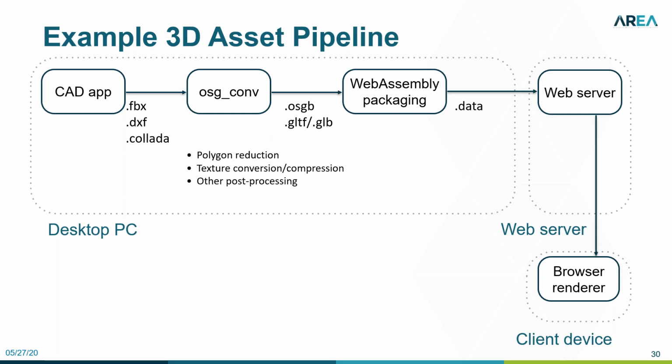An automated pipeline can be built around tools like the OSG conversion tool, which is part of the OpenSceneGraph utilities, or there are a variety of other different tools that can be built into pipelines like this. We converted to a web-optimized delivery format, glTF binary, and these are then packaged as part of the WebAssembly build. I'll talk more about other alternatives to this pipeline later. Next slide, please.